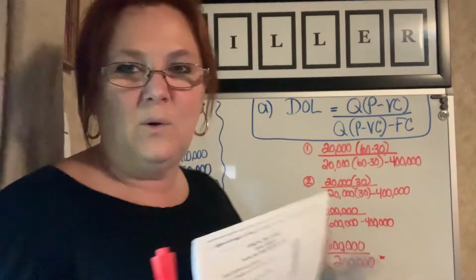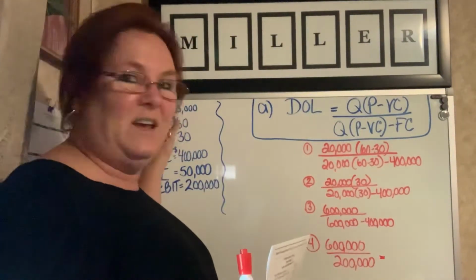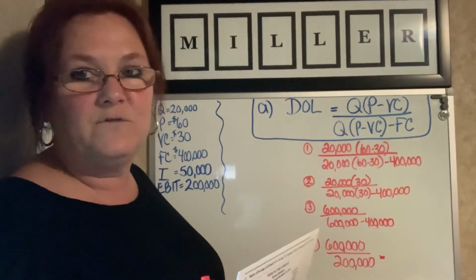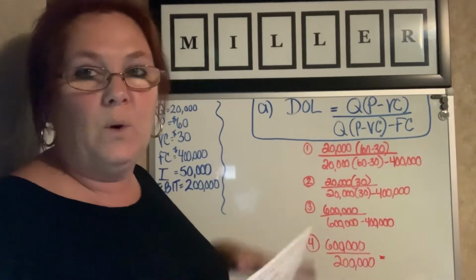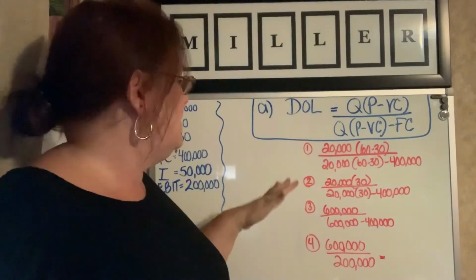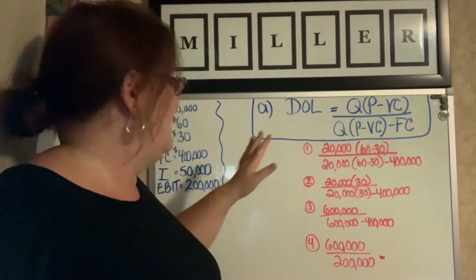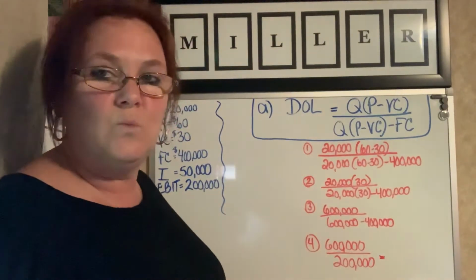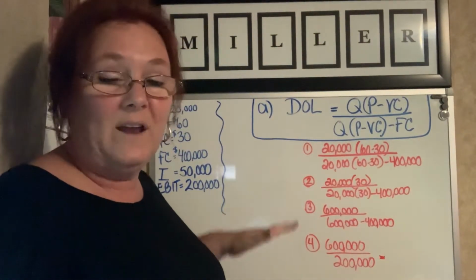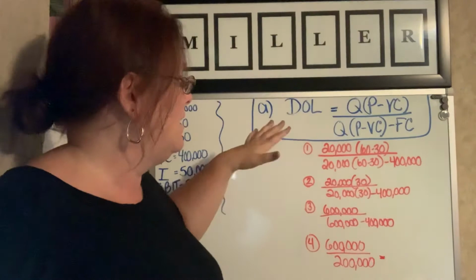What I like to do, just because I'm an organized person, is take all the bits and pieces of information from my income statement that I'm going to use for these various formulas. These formulas look really rough, but I promise they're not. It's just plugging in the information where you get it from and plugging it into the correct portion.